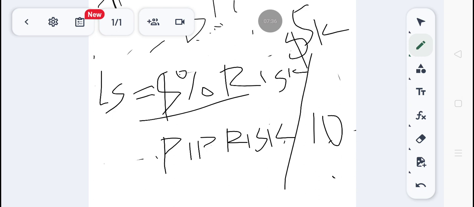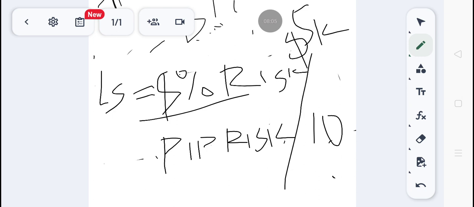How many pips do you wish to risk in the market? When you go to TradingView, it will actually give you the number of pips as soon as you pick up your crosshair, or even in MT5. MT5 will show you the number of pips the market has moved when you are selecting your SL. So you take that value and it becomes your pip risk value.